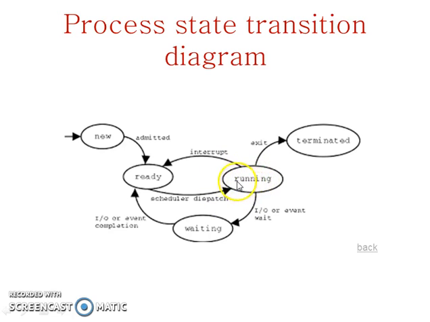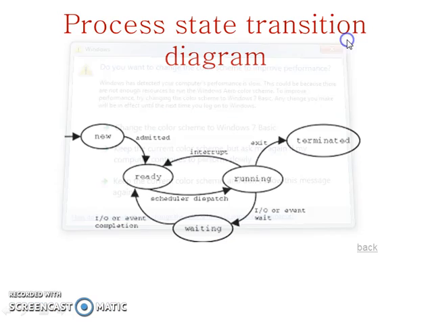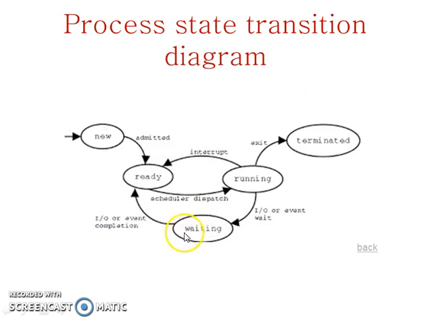Then this running process may go to the wait state if it requires to perform certain IO operation. After its IO completion, it again goes to the ready state. Then after completion of its execution, that running process may be terminated. So these are the 5 main process states.